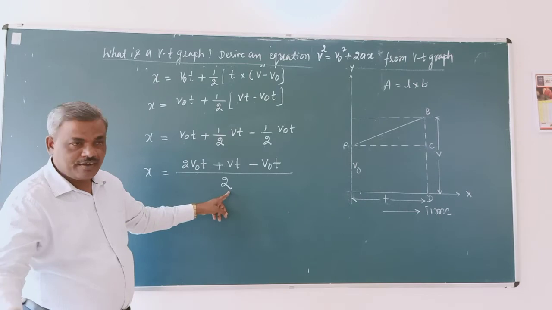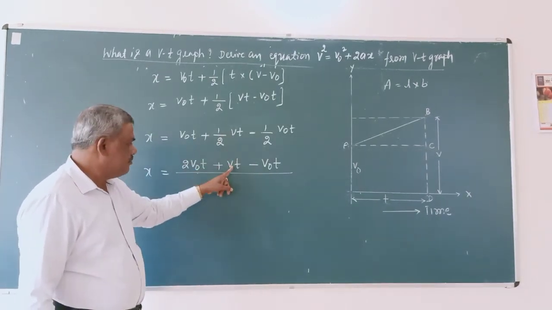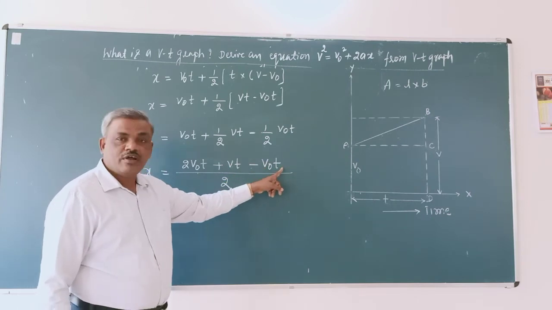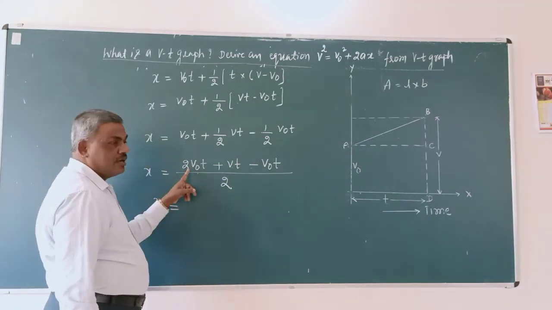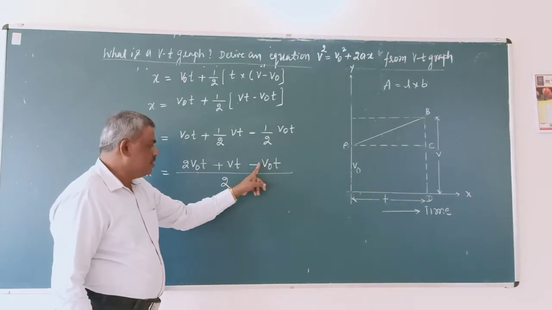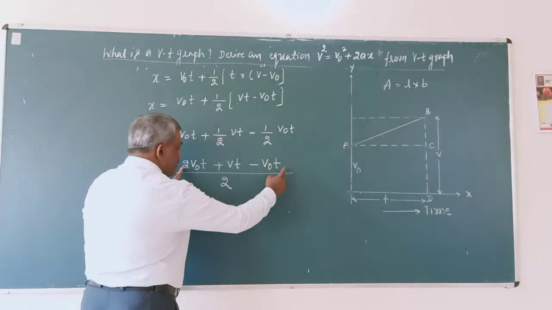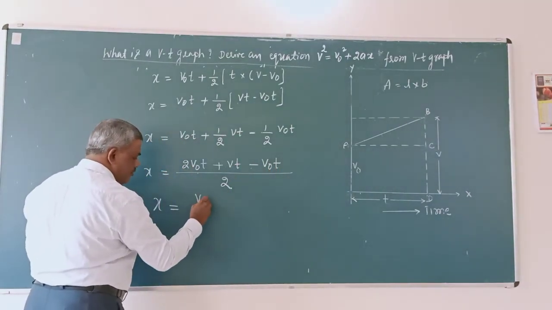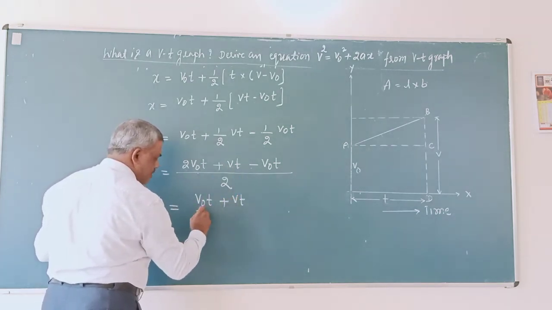After simplifying, 2 V naught t plus Vt minus V naught t. So x equal to, now here what? 2 V naught t minus V naught t. So 2 V naught t minus 1 V naught t, how much? V naught t plus Vt divided by 2.